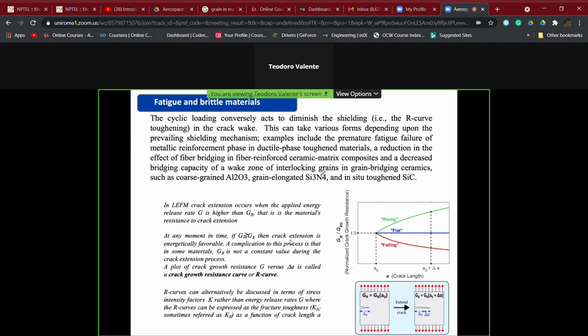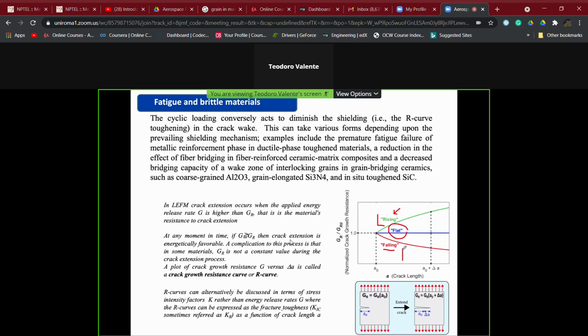But a complication, which happens essentially when we have materials in which extrinsic phenomena condition the fatigue behavior, is that in some of them the critical value, GR, is not constant during the crack extension process. We can have three different behaviors. The standard one, in which we do not have any dependence, a case in which the value is going to rise, like in the green curve, or the case in which the value is going to fall.